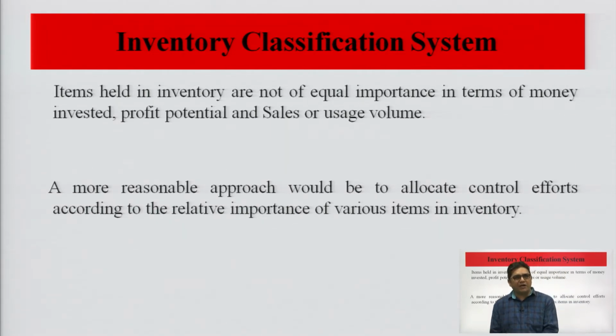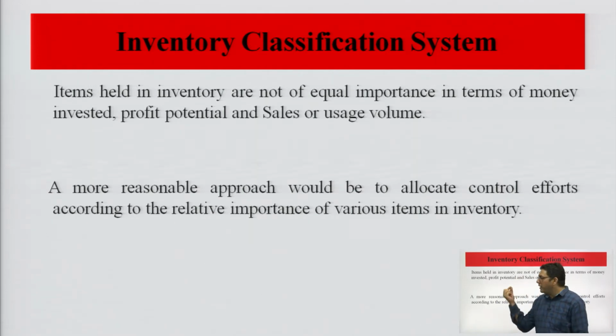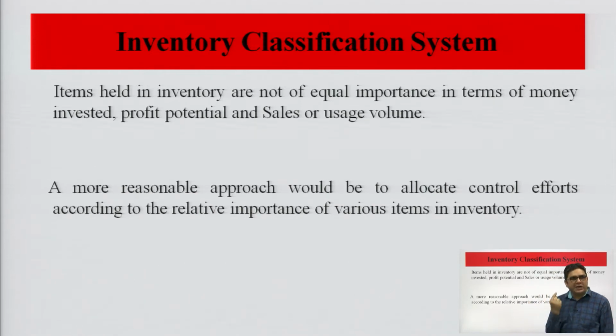in a different category. So, the objective of the inventory classification system is to segregate the products being kept in the inventory into different categories, into different groups, based on their importance. Here I have taken certain parameters on which we make certain grouping. First, it is money invested.